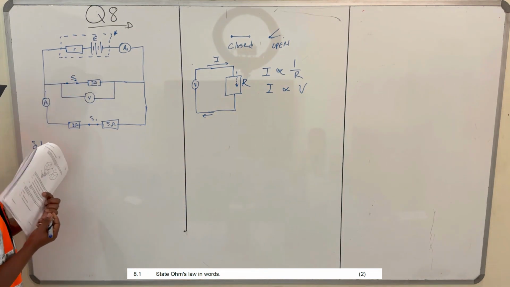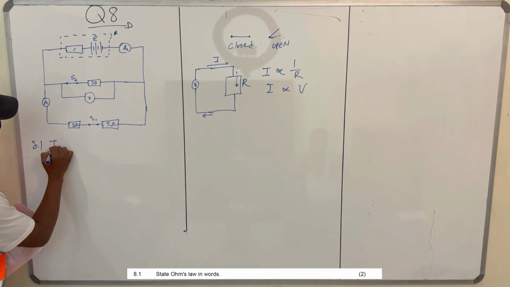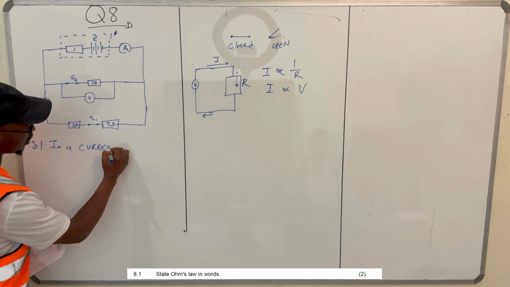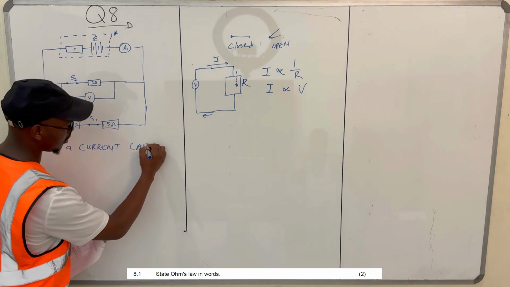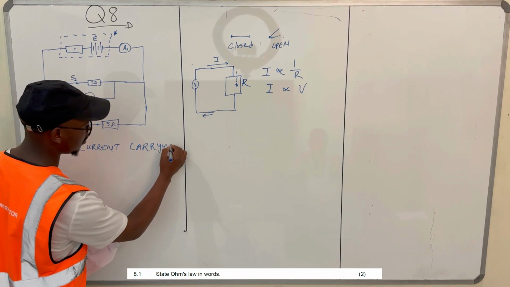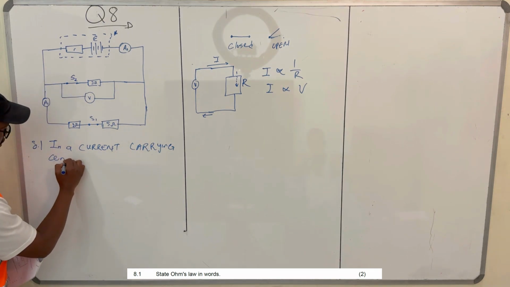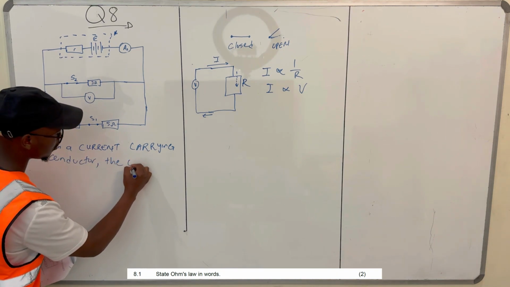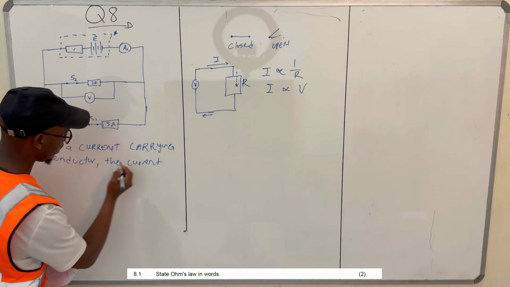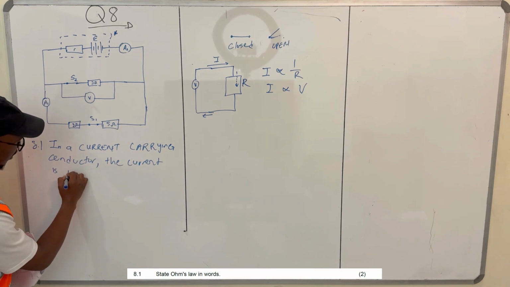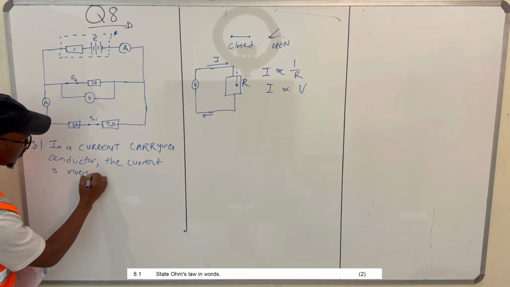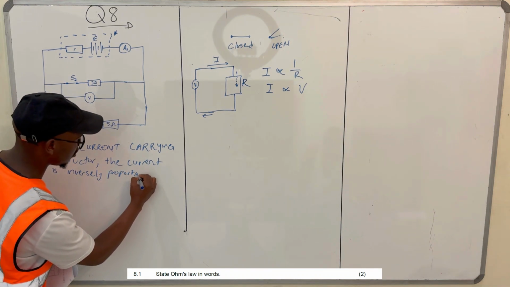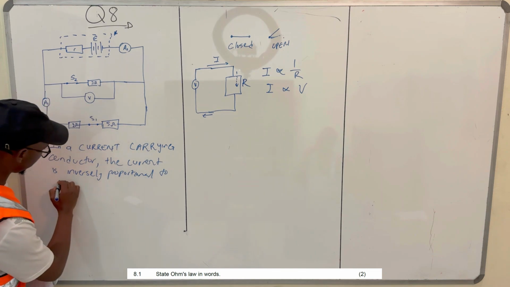So we can state that Ohm's law states that in a current carrying conductor, the current is inversely proportional to the resistance.